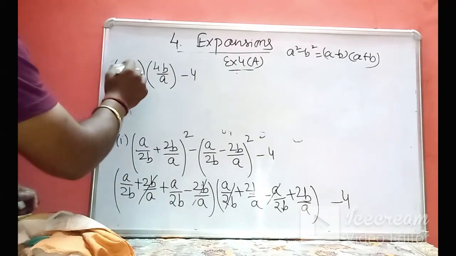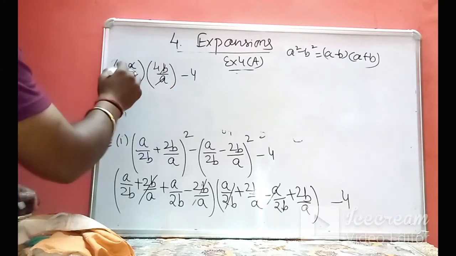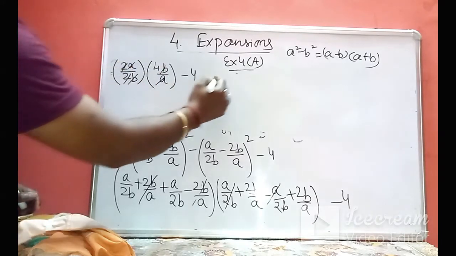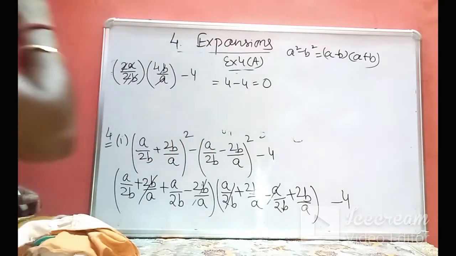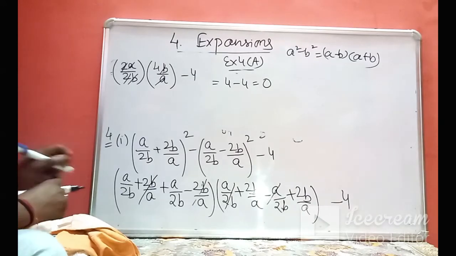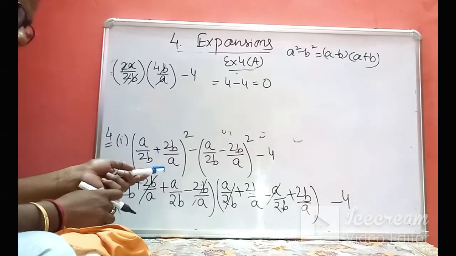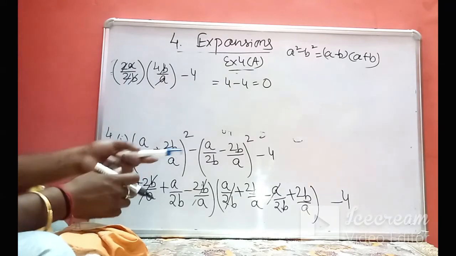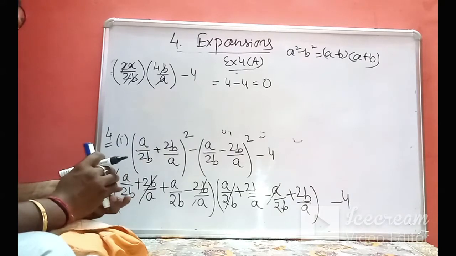So see, this a and a cancel, b and b also cancel, so this also cancels. Finally what is left? 4 minus 4, that is 0. So this is how easily we got the answer. Otherwise, if you open it by using (a plus b) whole square and (a minus b) whole square, you can also solve the question by using that method.